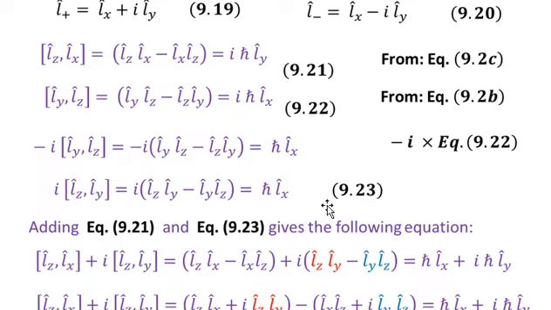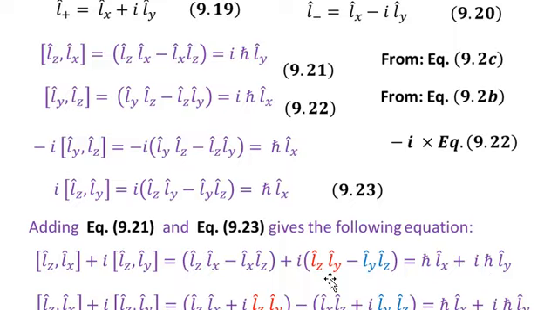Now you see that I have equations number 21 and 23 in front of you. So I am going to add equation number 21 and equation number 23, which will give me the following relationship. You can see that I have added the left hand sides of equations 21 and 23, and I have also added the corresponding right hand sides in the expanded form and also in the reduced form.